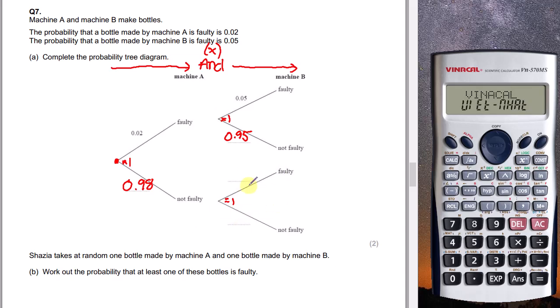Now, it's not always the same in both machines. These numbers can be different. In this case, they've said it doesn't matter, the machine is 0.05. That actually means each machine is independent because these two probabilities are the same. And 0.95. That completes the diagram. Each branch point, the total is 1.